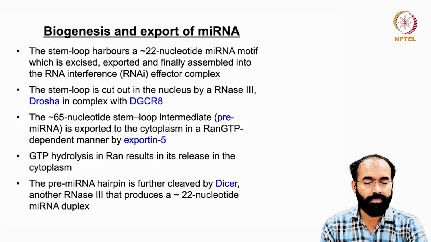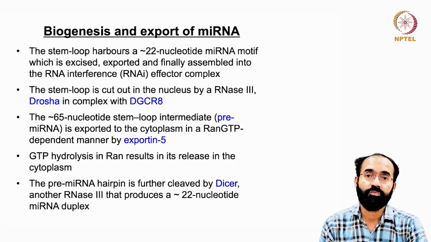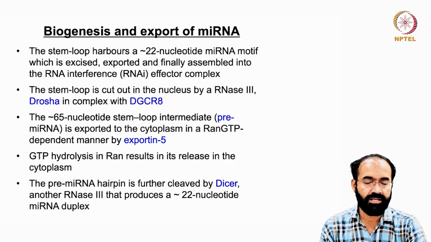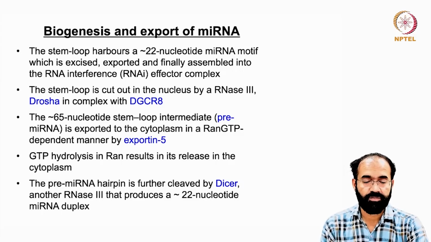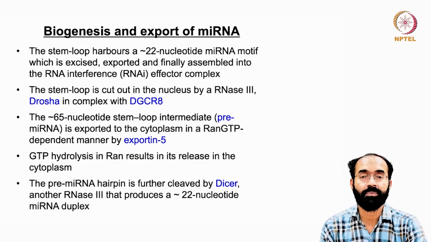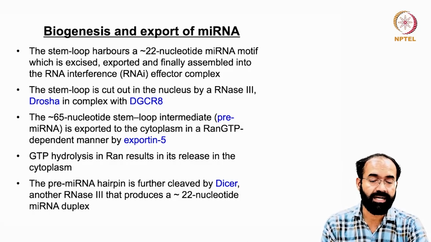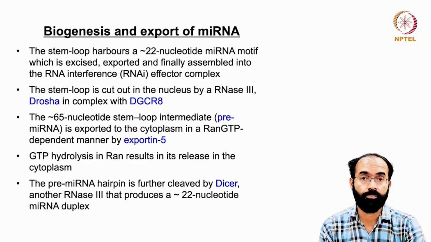The pre-microRNA hairpin is further cleaved by Dicer. This action happens in the cytoplasm. So another nuclease called Dicer comes into the picture, which is also an RNase 3 family protein, and it produces a 22 nucleotide microRNA duplex.